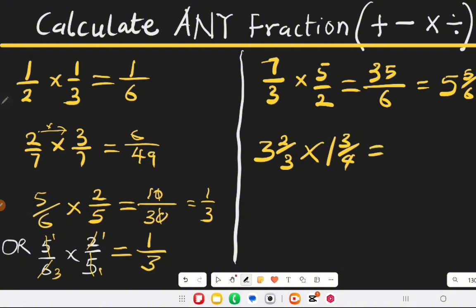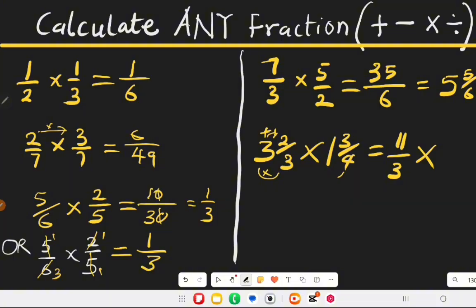To change to improper fraction, we say 3 times 3 gives us 9, then plus 2, which gives us 11. 11 all over 3 times, we do the same.